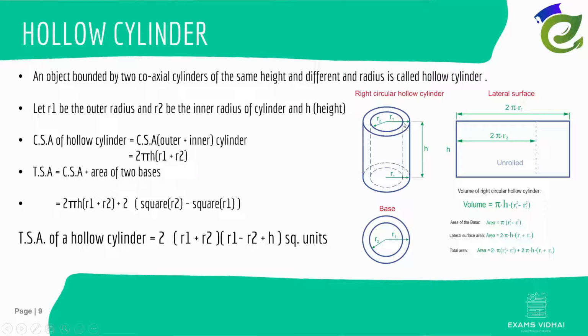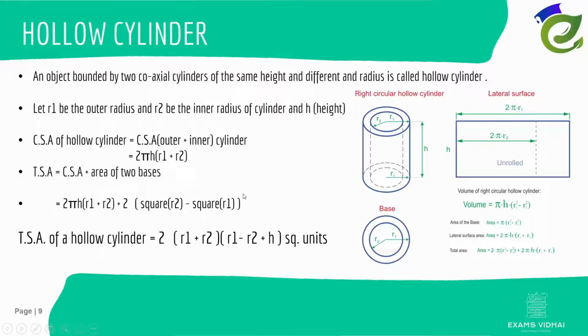Area of each base is pi r1 square minus pi r2 square, in which if we take pi common, pi of r1 square minus r2 square. Therefore the area of two bases, plus 2 pi h of r1 plus r2, is 2 pi into r1 square minus r2 square.